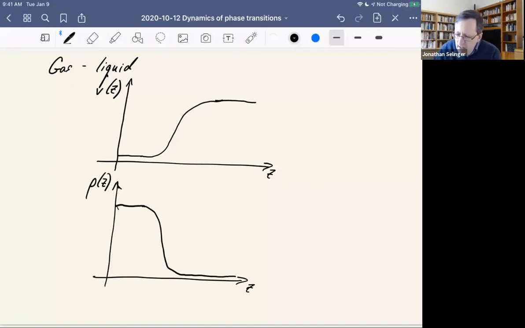And then the kind of analysis that we've done would make a prediction for the width of the interface. So that would be this kind of a width, like that. And it would make a prediction for the surface tension, sigma, okay, that is what's the energy of the interface per unit area. Okay.